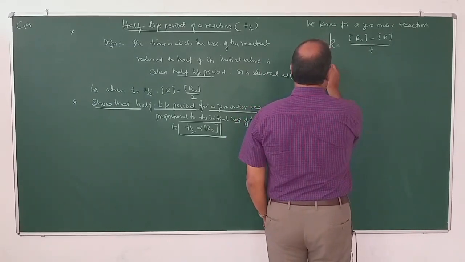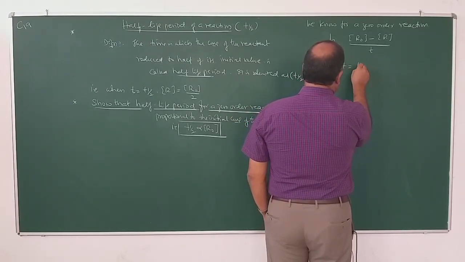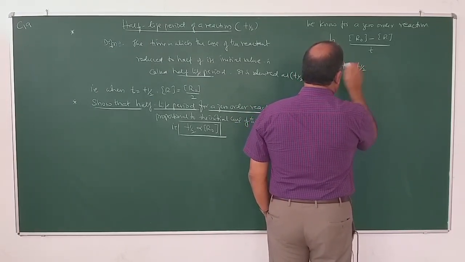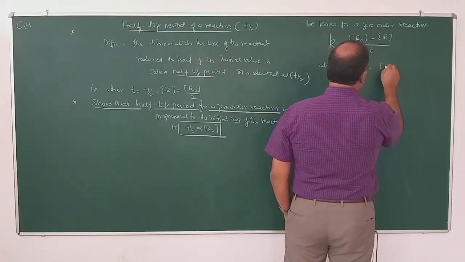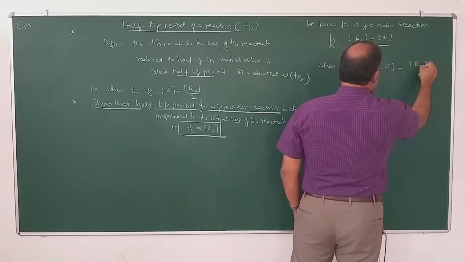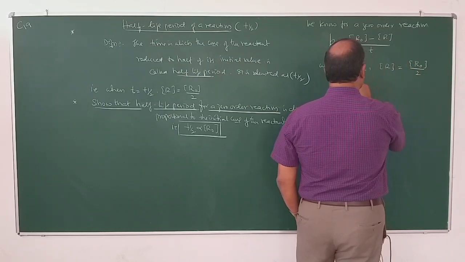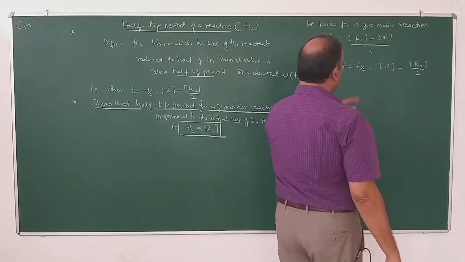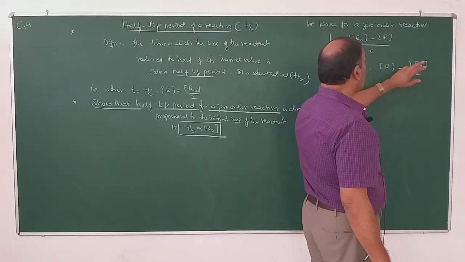Now by definition, when time is equal to the half-life period, what is the concentration of the reactant? R is equal to R naught divided by 2. This is by definition. When time is equal to half-life period, the concentration of the reactant is equal to half of its initial value.